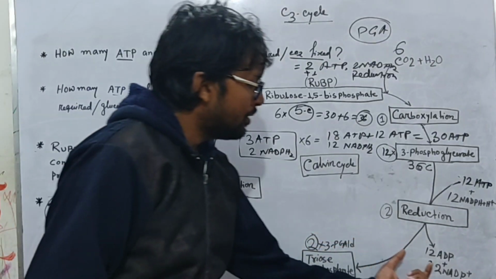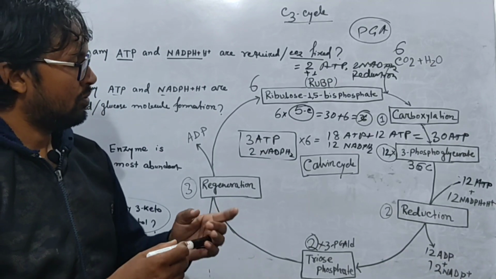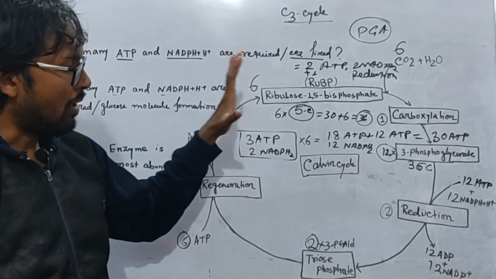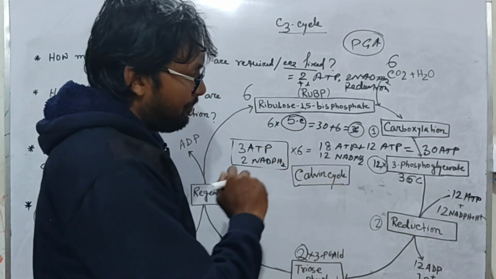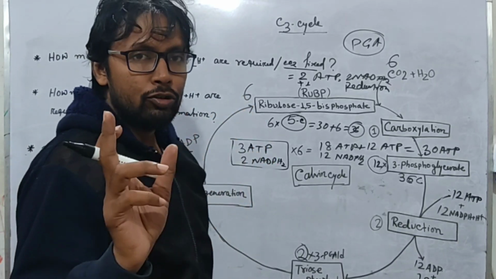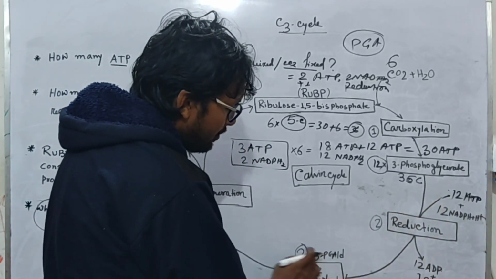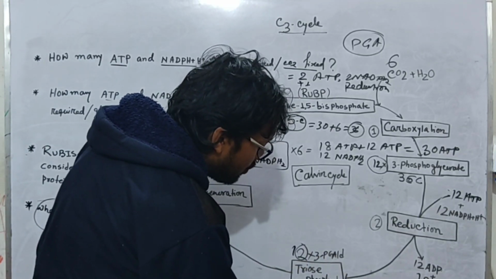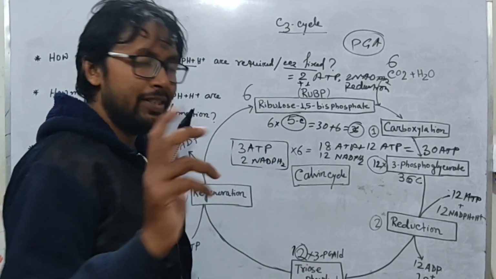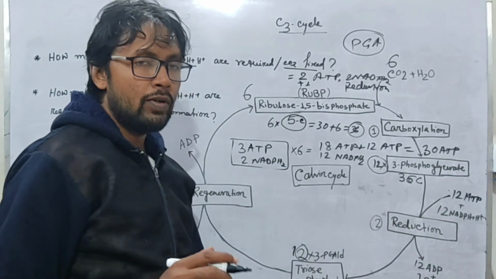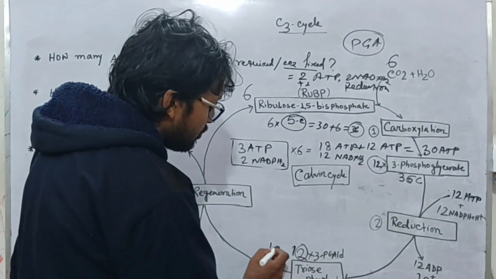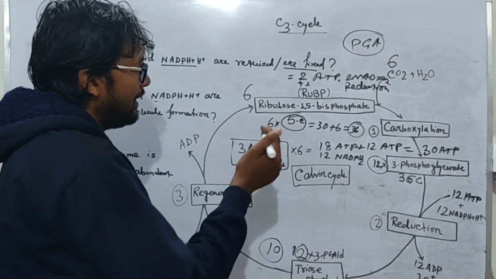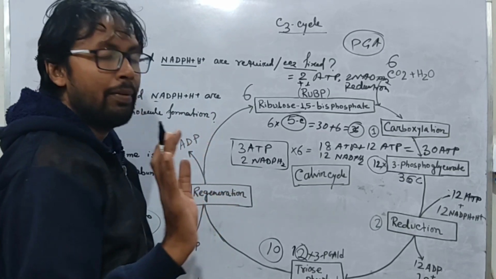So in this case you have to discuss this. Here you will see that 12 molecules of PGAL are there, and of these, 2 molecules of PGAL will go to produce glucose. PGAL is a 3-carbon compound, and 2 molecules will produce 1 glucose molecule. Then the rest, 10 molecules of 3-PGAL, will be regenerated as a 5-carbon compound, that is 6 molecules of ribulose 1,5-bisphosphate.